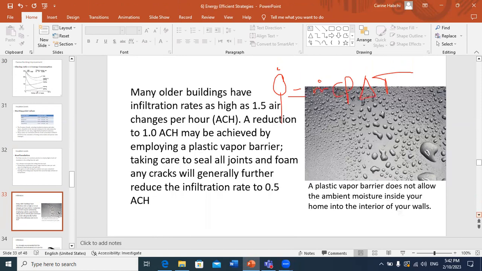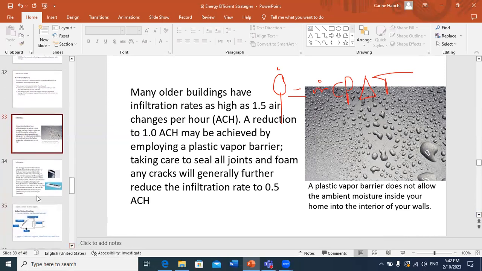You have actually recommendations for minimal air change per hour. We should not go below this minimum, because if we go below this minimum, we'll have indoor air quality issues, and this can cause health problems. So we should avoid high infiltration rates, but of course we should allow a certain minimum air change per hour.